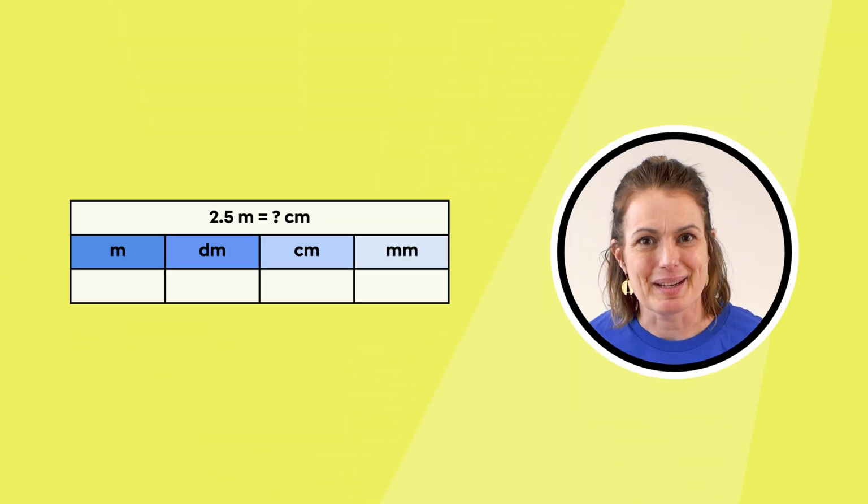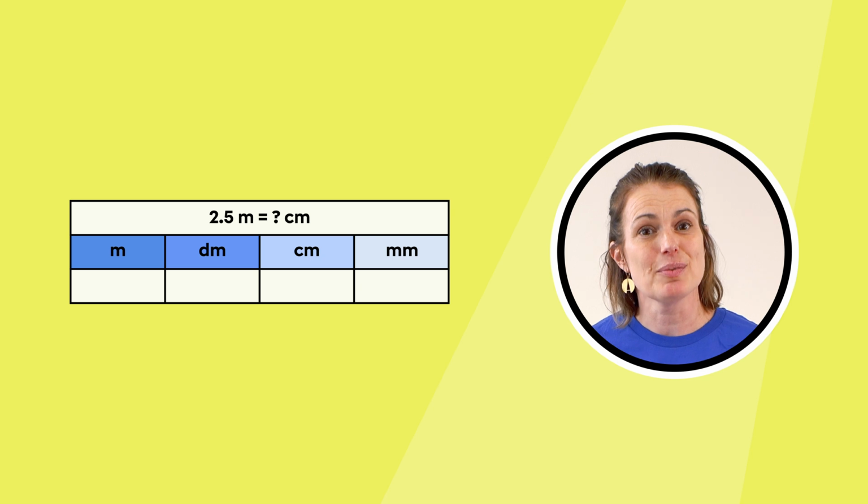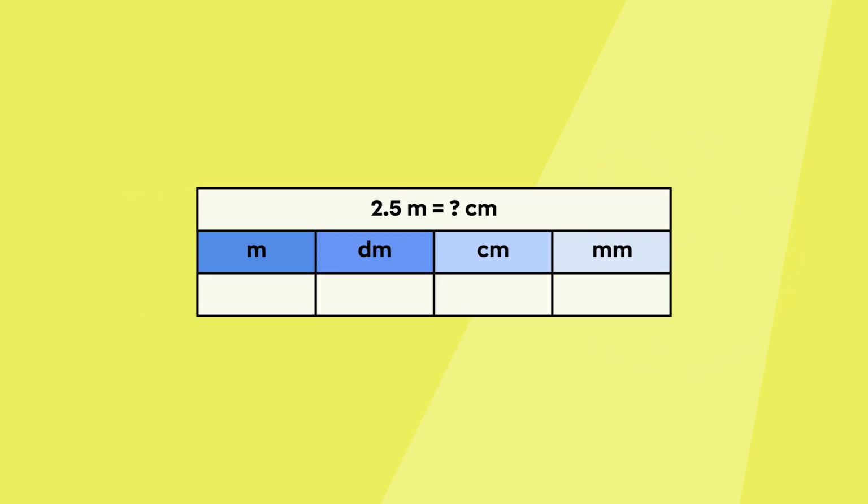Let's do one last example. I want to find what 2.5 meters is equivalent to in centimeters. First, I find the column of the starting unit of measure in the table. In this example, it's meters. I place the digit that's in the ones position in this column. In this case, the number in the ones position is 2. I then place the remaining digits of the number accordingly, writing only one digit per column.